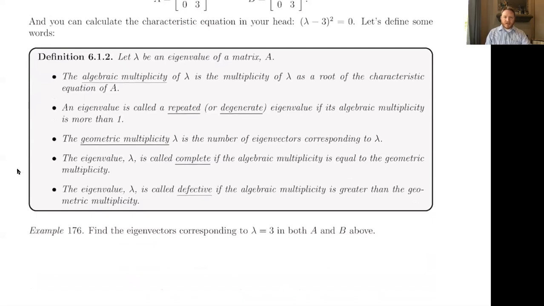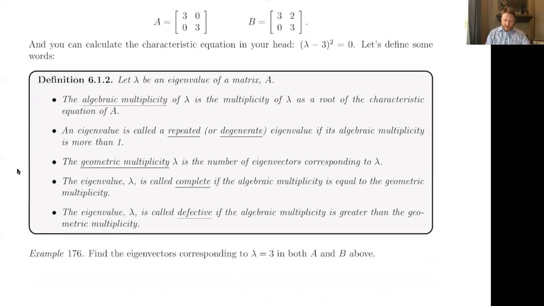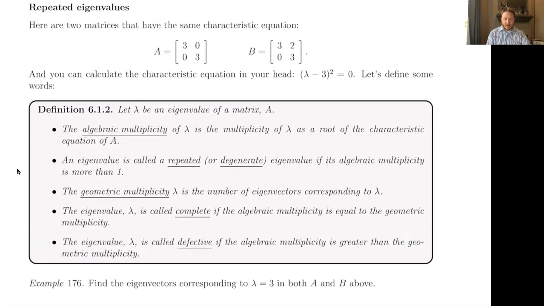So here are some words I'm going to define, okay? And I have seen some books define a few of these words differently, so work with me on this. I'm going to call the algebraic multiplicity the multiplicity of lambda as a root of the characteristic equation. So in this case, the algebraic multiplicity of 3 is 2 for both of these matrices, okay?